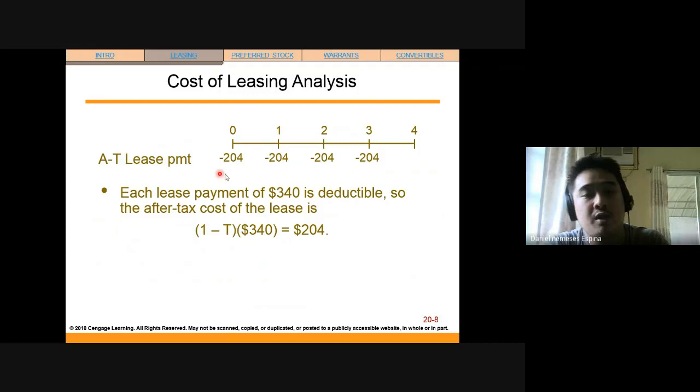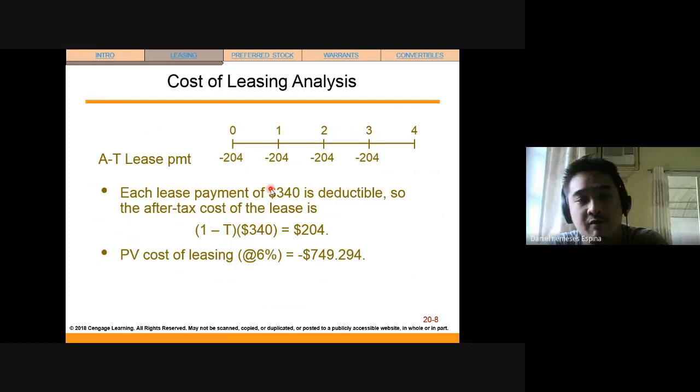Since you start paying at year zero, or at the start, you use the formula for present value of annuity due. The present value of that, using 6% as the discount rate, is negative 749.29.